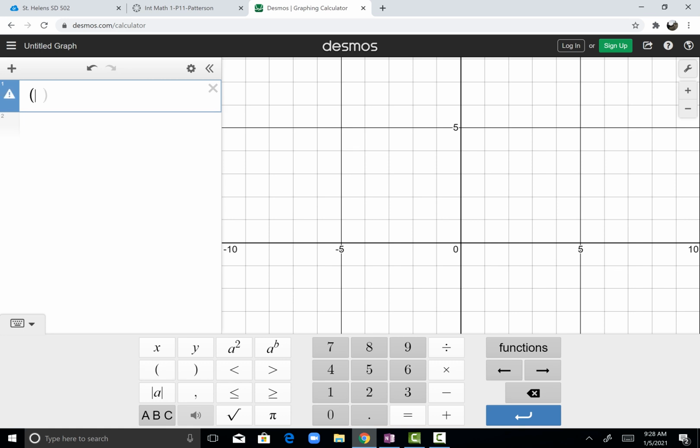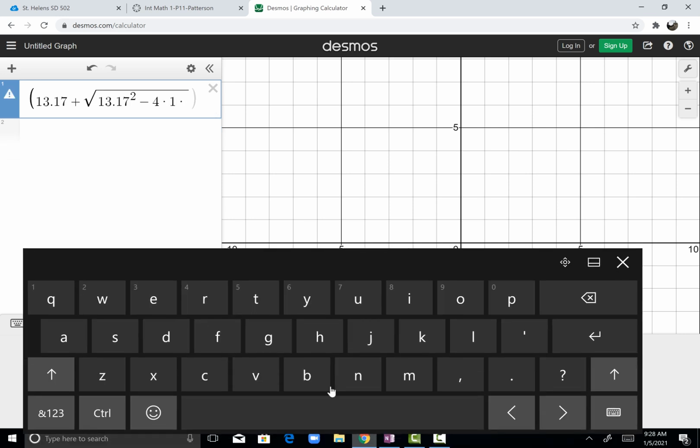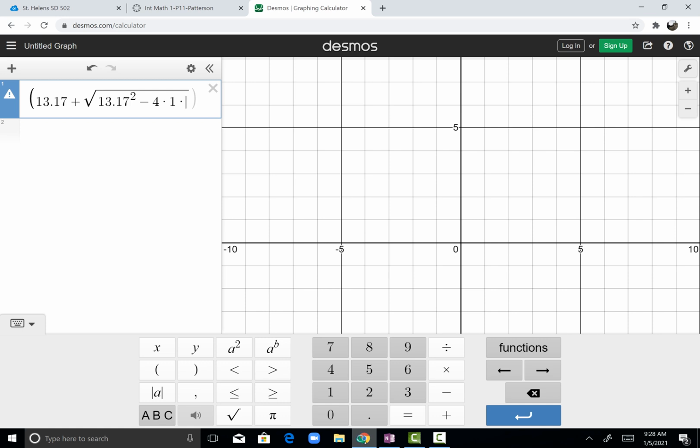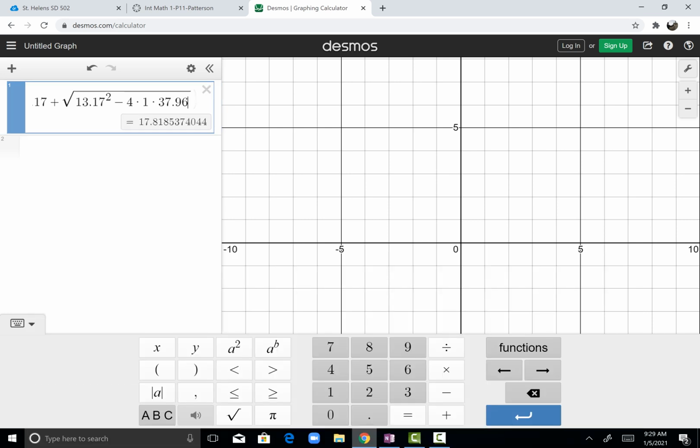So it was 13.17 plus the square root of 13.17 squared minus 4 times 1 times 37.96.